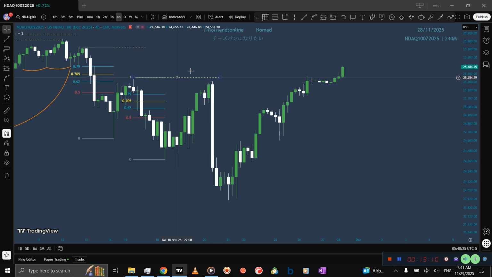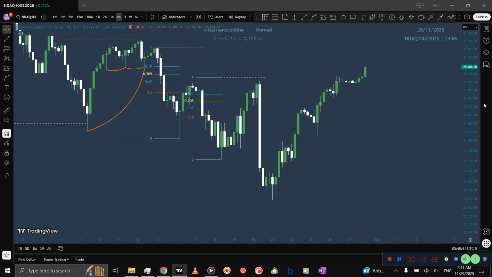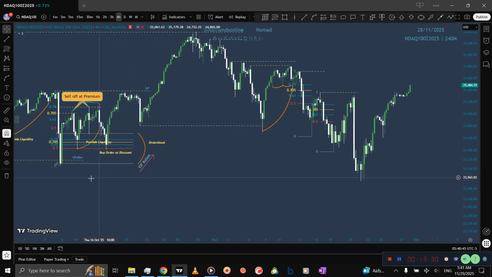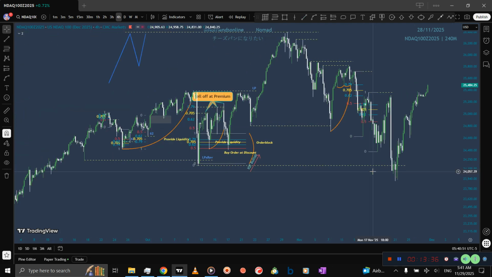So basically market maker just crosses all of these ranges of being premium or discount and sells off again very, very deeply and very fast, and we took this liquidity here.